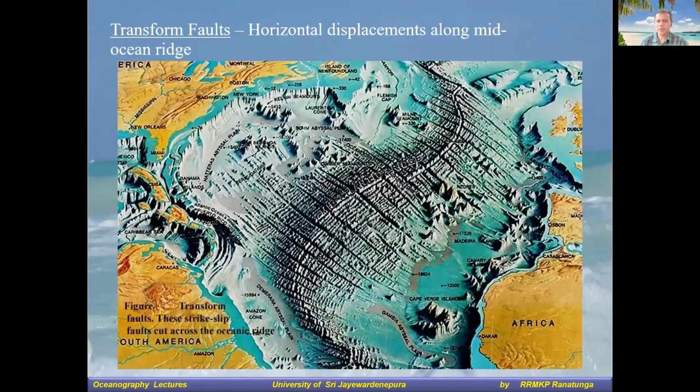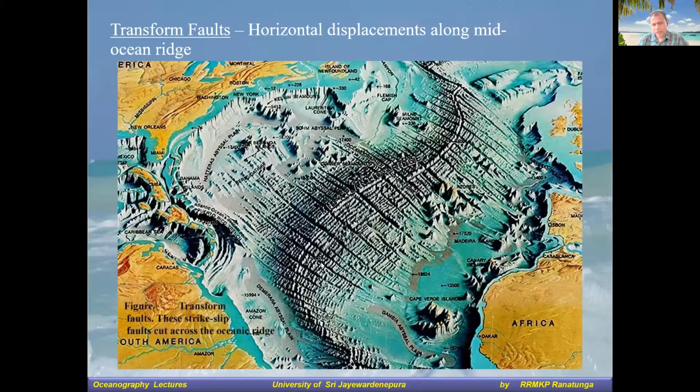And here you can see the Atlantic Ocean. This is the mid-Atlantic Ocean, the ocean ridges. And you can see here along this crack, the one plate, right?